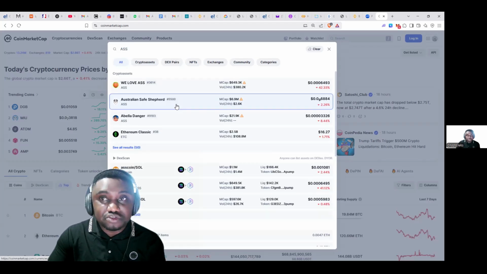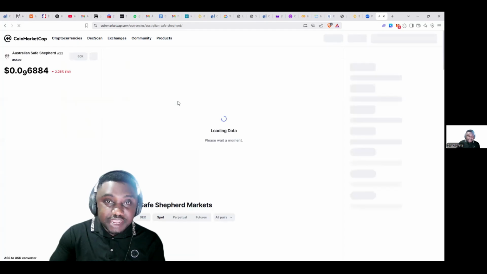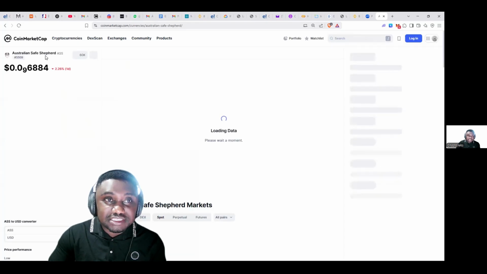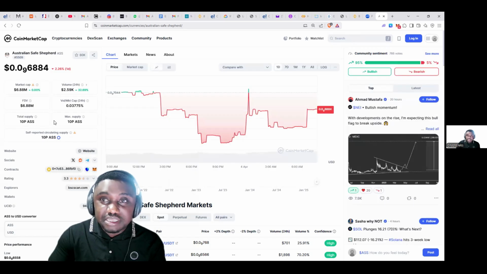But for some of us who have been in the space for quite some time, we've seen a whole lot of coins make headlines and later go back into extinction without anybody even knowing what they are doing at the moment. Okay. So Australian Shepherd was one of those good coins that made headlines 4 years ago.